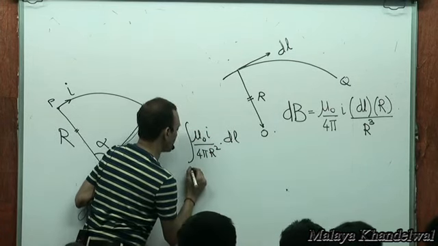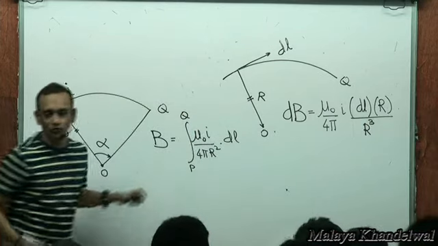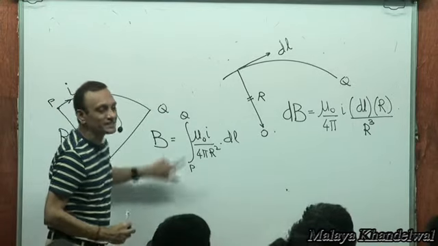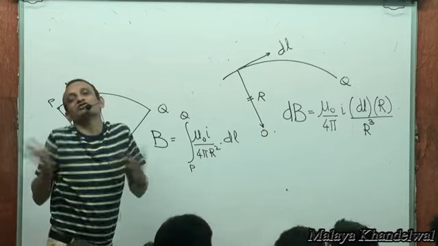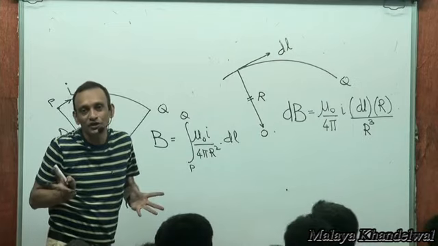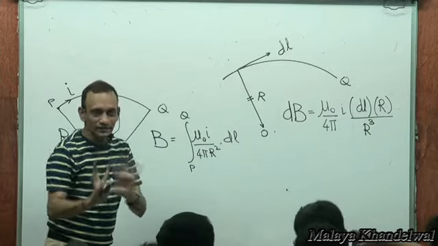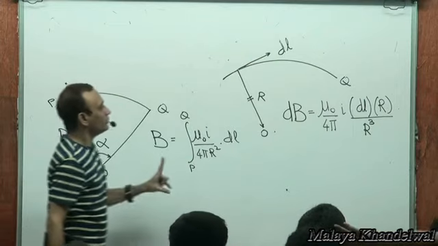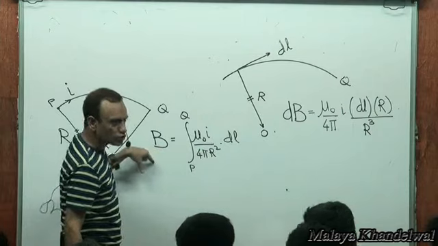This summation is to be carried out from P to Q. All the dLs from P to Q would have to be included. Don't look upon these P and Q as limits of integration. This is just to suggest that this summation has to be carried out from point P to point Q. They're not technically the limits of integration, right? So that's between you and me. That's the understanding. Okay. Now, mu naught, I and r are constant, so these will scoop out.